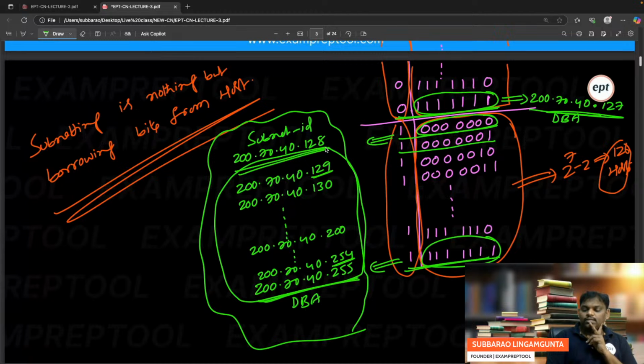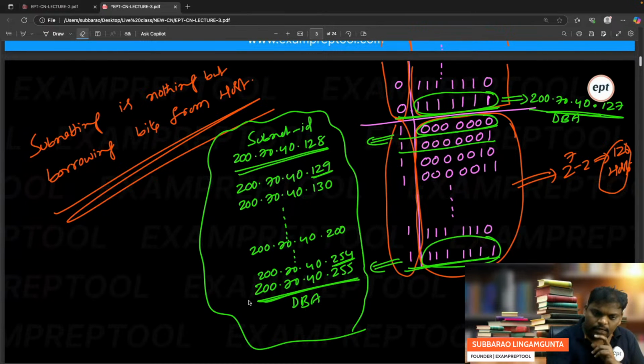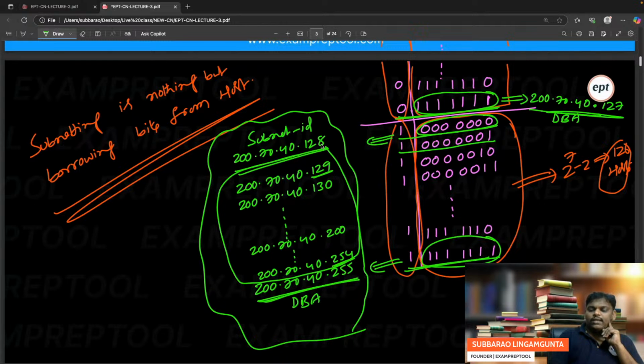The last host is 200 70 40 254. So remember, the first one is the subnet ID, the last one is the DBA. Those you cannot give for host purpose. First host is 129, last host is 254 for the below subnet.